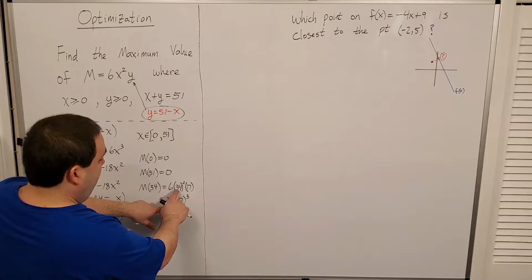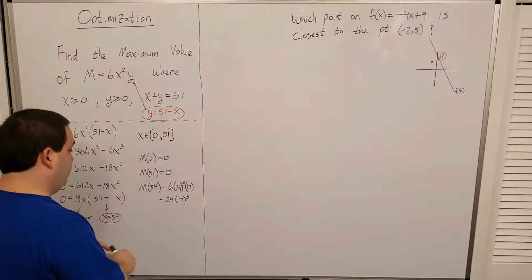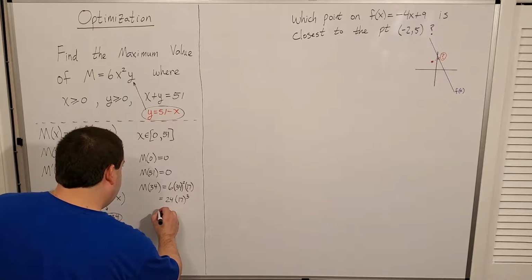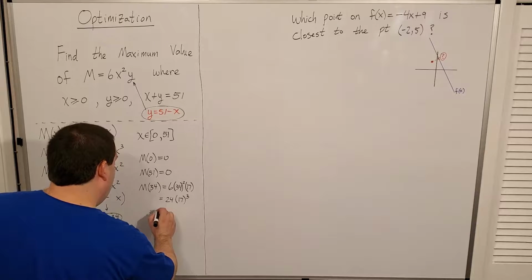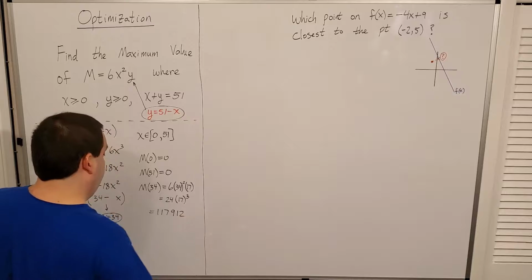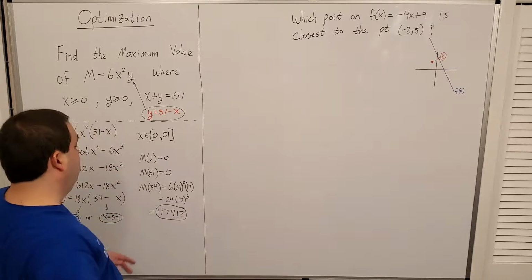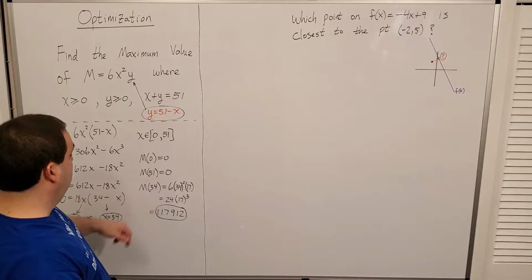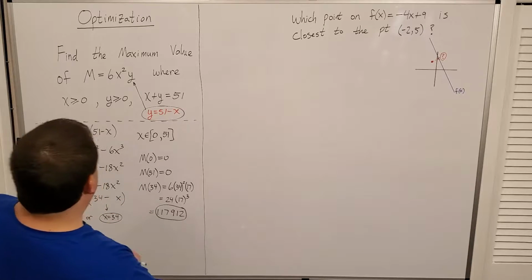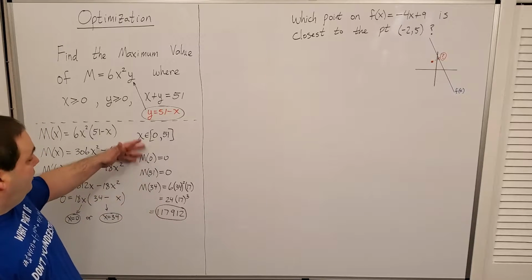And then I have 17 times 17 times 17, which comes out to be 117,912. Obviously this value of m is higher than the other two.